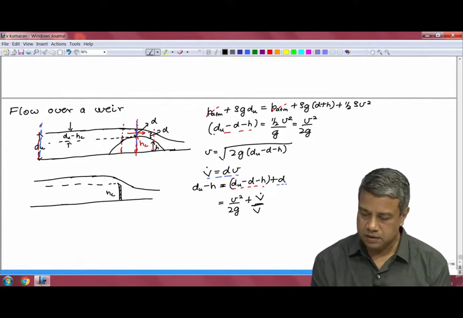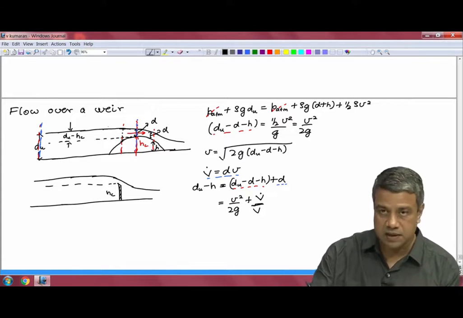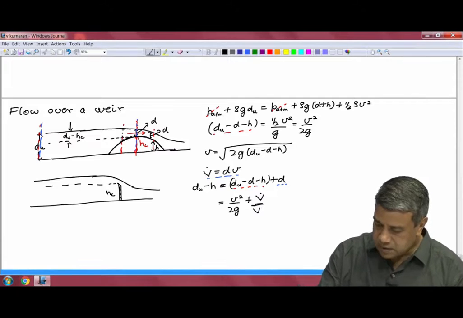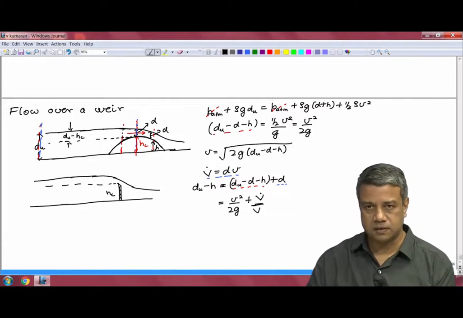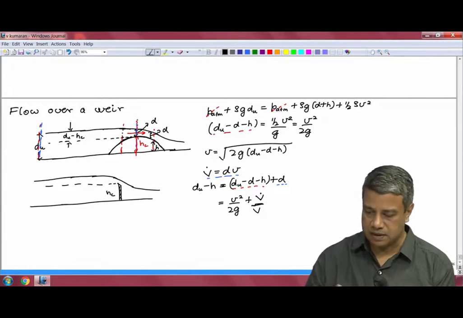Note that du minus h is basically the total depth minus h, where h is the local height at any streamwise location along the wire. And du minus h passes through a minimum when h is equal to hc, the maximum height.